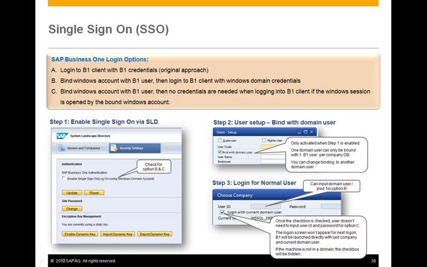Option 3 allows you to bind your Windows account with a Business One user for the first time, and then no credential is needed when logging into Business One if the Windows session is opened by the bound Windows account. This feature is initially activated via the System Landscape Directory Security Settings section and supports true single sign-on functionality.